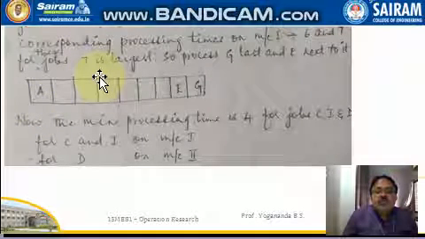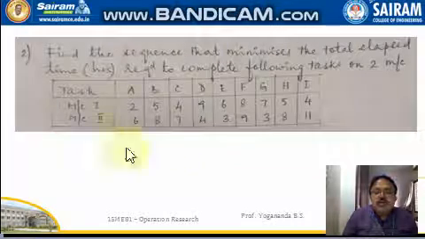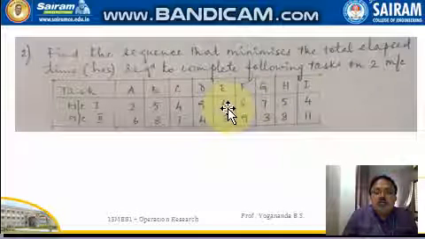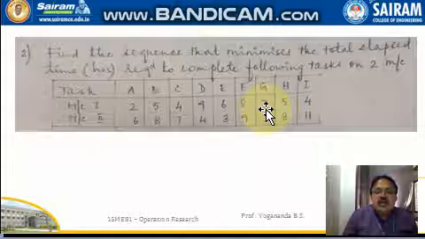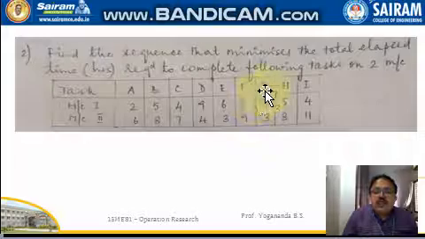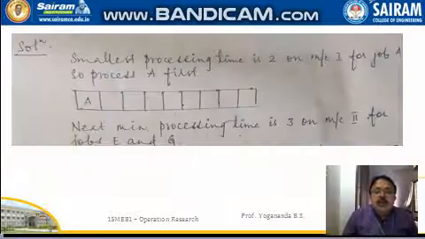Take the corresponding processing times on machine 1 for these two values of 3. The corresponding processing times are 6 and 7 on machine 1 for the jobs E and G.